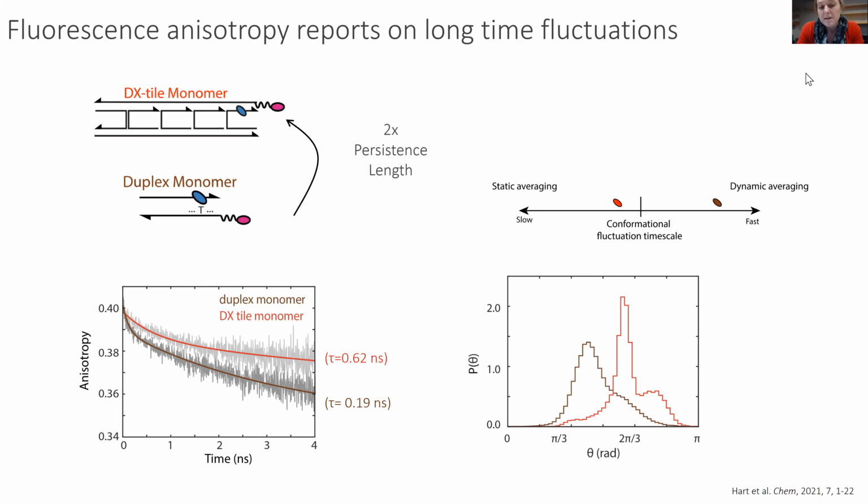And so mapping this back onto our time scales of depolarization, the duplex with its relatively fast depolarization on the 0.19 nanosecond timescale likely corresponds to the dynamic limit of energy transfer, where you have relatively fast sampling of transition dipole moments before the energy transfer process occurs, whereas the longer timescale depolarization of the DX tile likely corresponds to the static limit, where we have much slower conformational configurations, and the general structure of these dipole angles likely plays more of a role in the energy transfer efficiency that we recover.